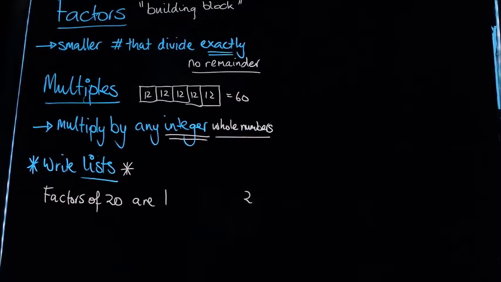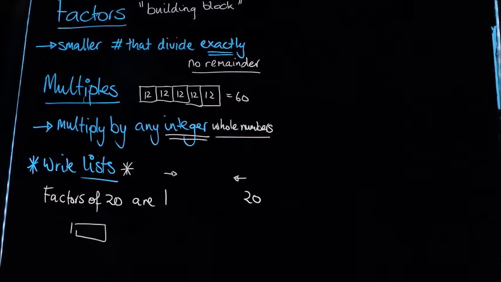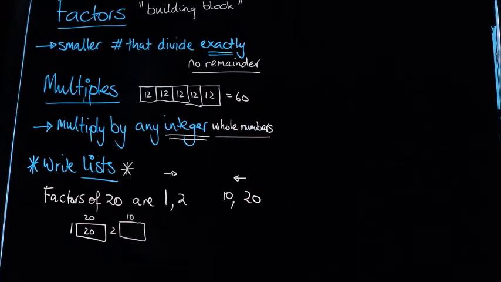And this is what I do. 1 and 20. I'm working towards the middle here. Okay. I'm thinking of that as one row of 20. Okay. And because it's an even number, we can make 2 rows of 10 and change the way we build this number. 2 rows of 10 is still equal to 20.